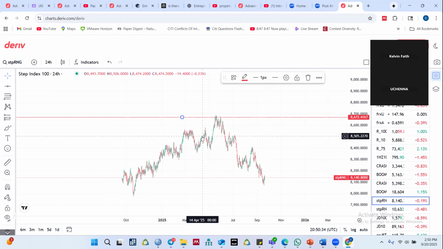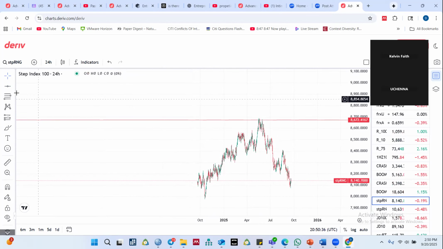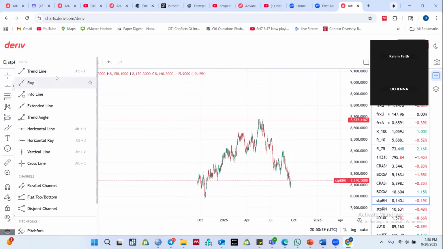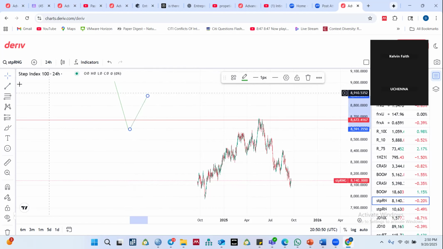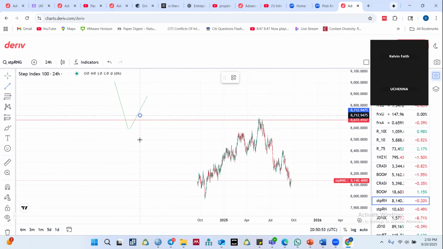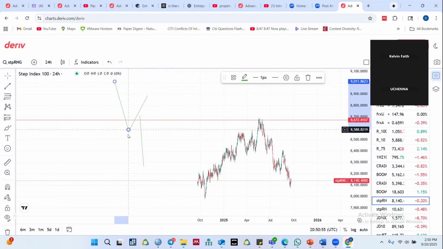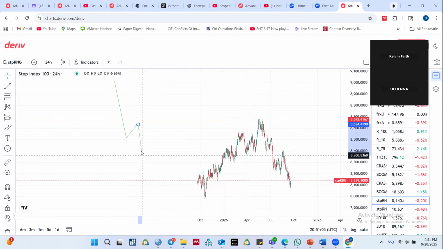So that's what I wanted you to see, that price has been bearish from the top. I think it made a low. Let's say it went up. It could be that around this area, price made that low and it went up like this, a small high, and then made another low.